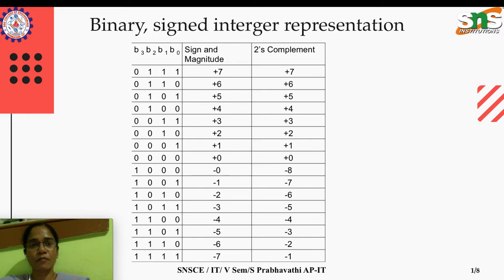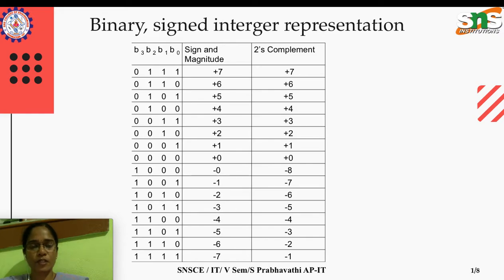If we store unsigned numbers, it could range from 0 to 15, totally 16 unsigned numbers. When we think of signed numbers, both positive and negative, out of 16 numbers we will have 8 positive and 8 negative numbers. So how do we represent all of this in the computer system?